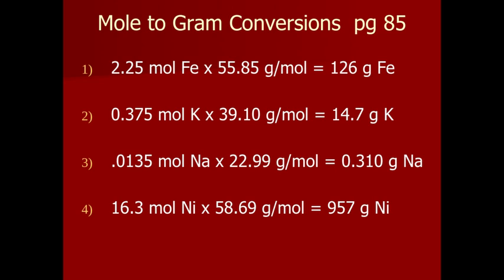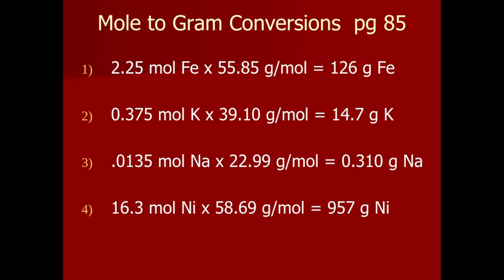I look on the periodic table, so I'm going moles to grams, so I'm still multiplying. The moles have to cancel out. Okay. So the mass of potassium is 39.10, and so I multiply that. So 0.375 times 39.10 gives me 14.7 grams of potassium.